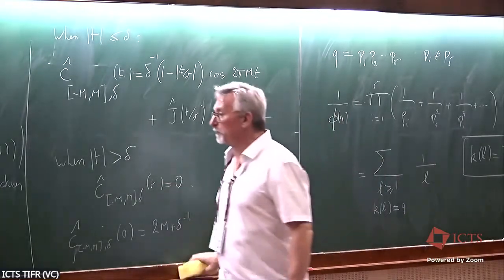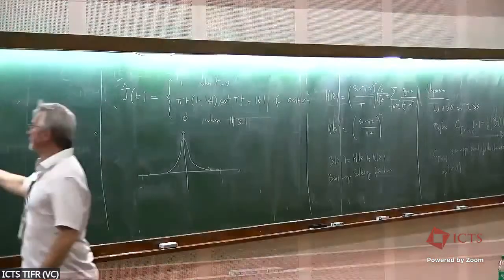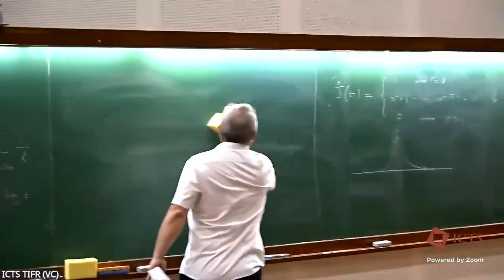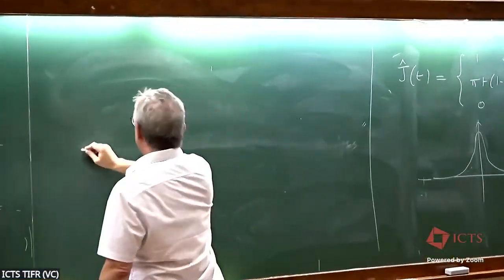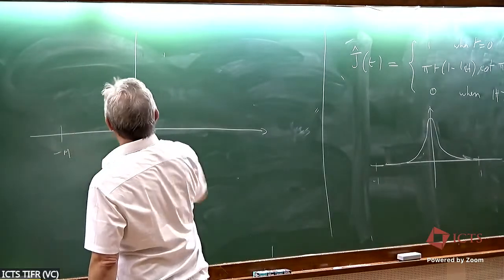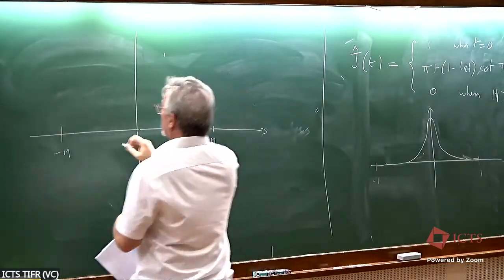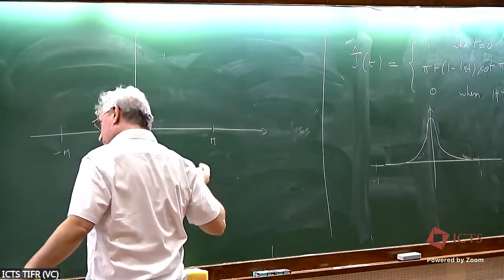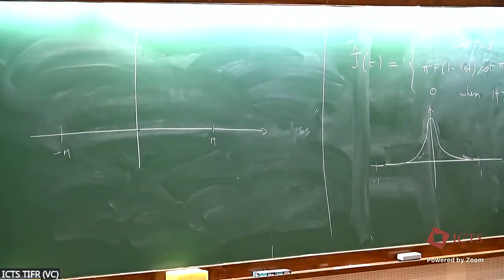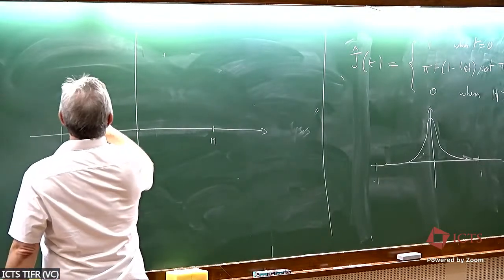Okay? So now I'm going to do some drawings, and okay, it is recorded, but believe in my drawing still. So what you have is this, minus m, okay? You have your function here.